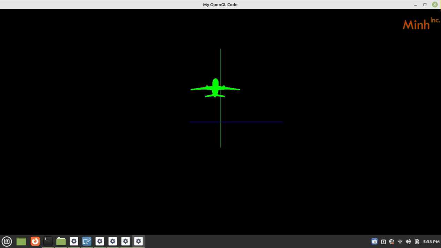Okay, this is like this. Now I can again rotate. So it is going on to take off, and okay, so it is on the runway.